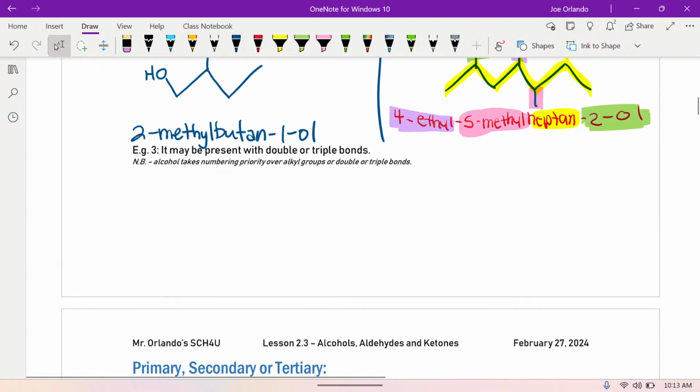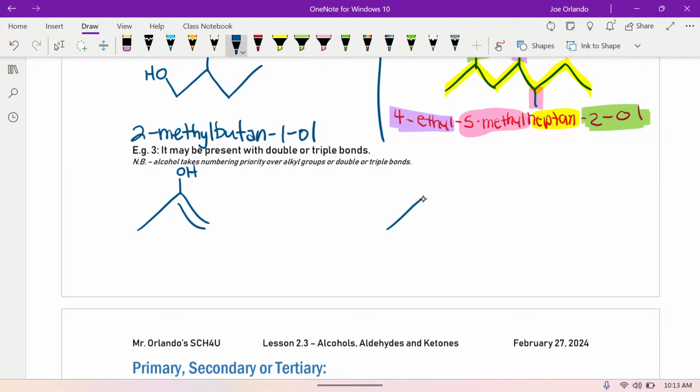You can have double or triple bonds, right? What would that be called? What's this?